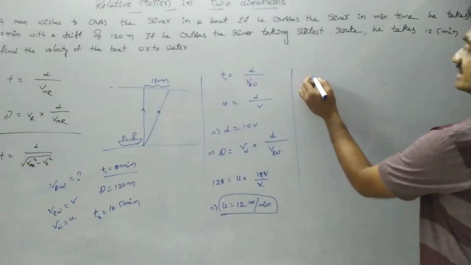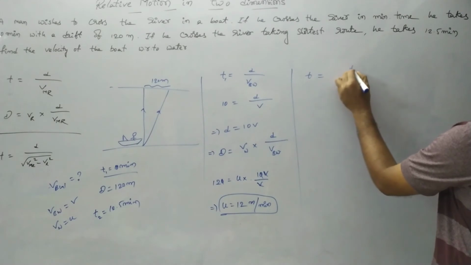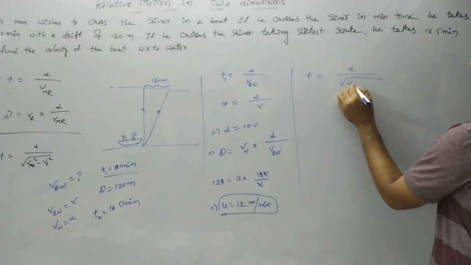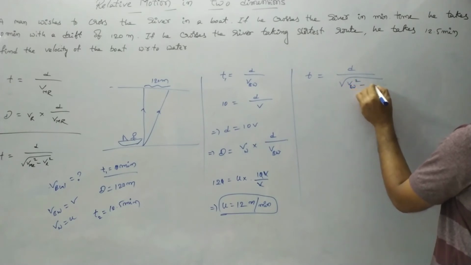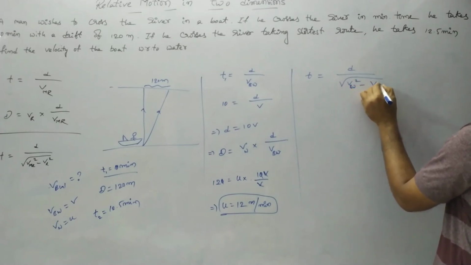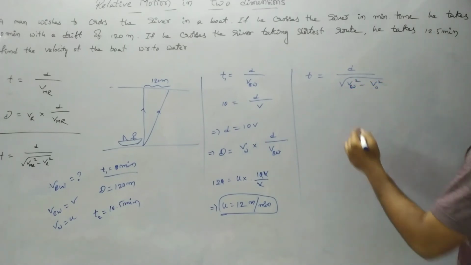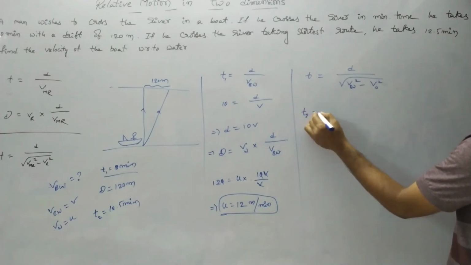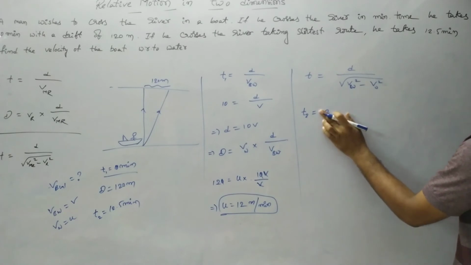As you observe, t is equal to d by under root of velocity of the boat with respect to water whole square minus velocity of the water whole square. So now here time t2 is equal to 12.5.